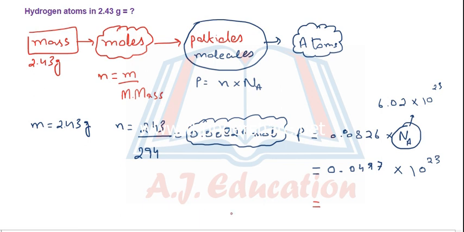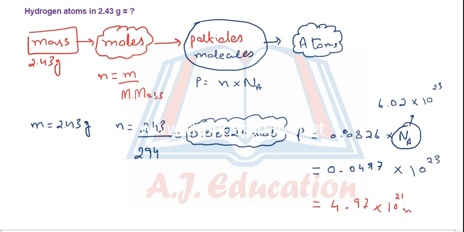So let's just move this point. Currently, in scientific notation, this point moves 2 times ahead. So the answer should be 4.97 into 10 raised to power 21, because I have moved this point 2 places ahead, so I have to reduce this value of 23 by 2.